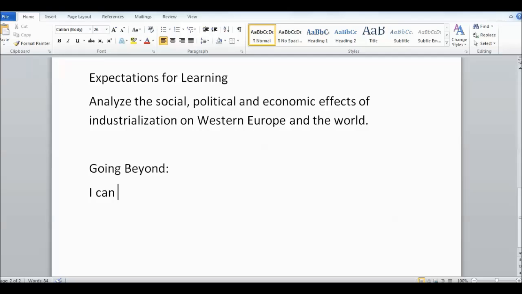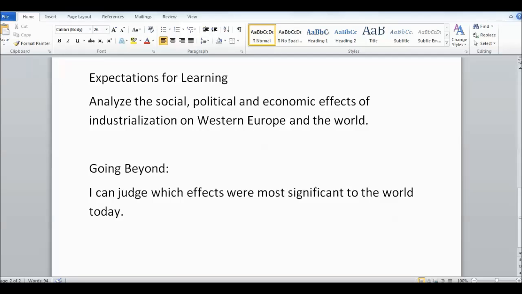So going beyond would allow me to think about a student who can already analyze social, political, and economic effects of industrialization on Western Europe. Maybe I want to have them, I can judge which effects were most significant to the world today.